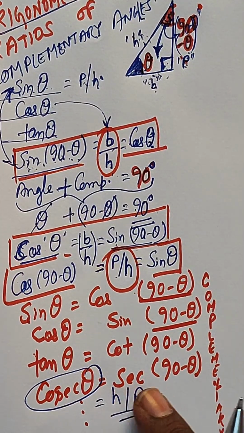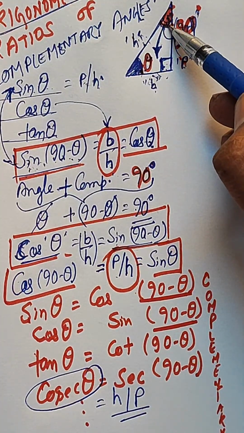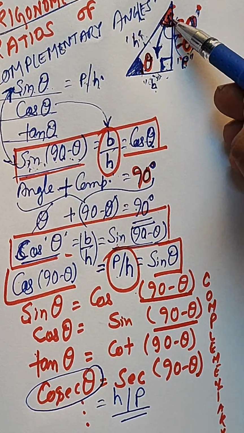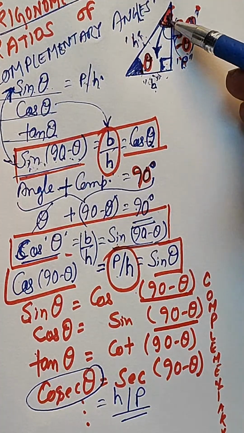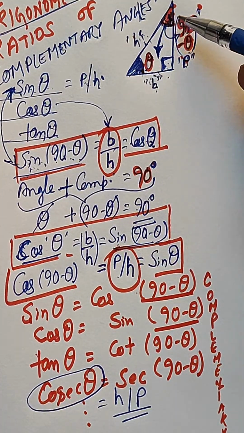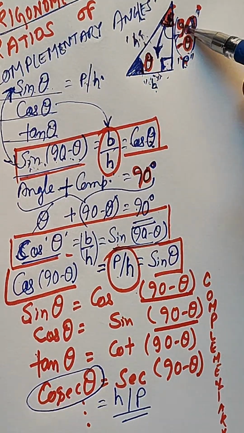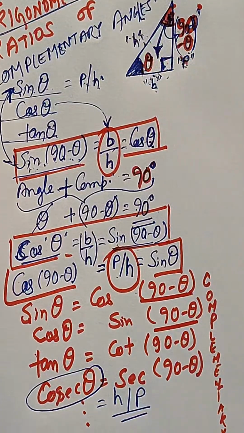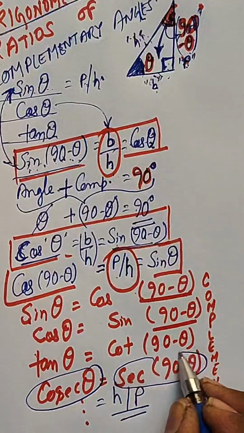And what is the value of sec 90 minus theta? If this is 90 minus theta, then the angle theta is under consideration, and cos of 90 minus theta is equal to p by h, so sec of 90 minus theta will be equal to h by p. This is equal to the value of sec 90 minus theta.